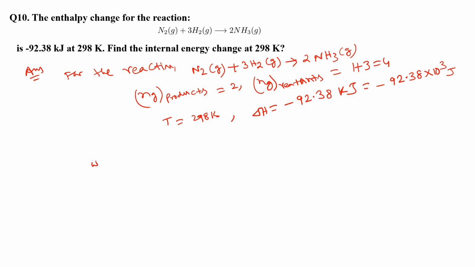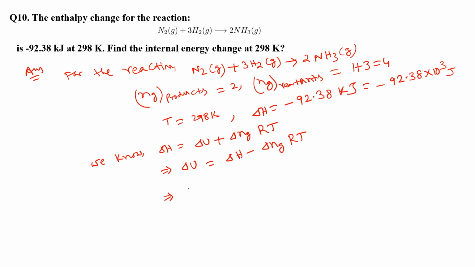So, we know delta H is delta U plus delta Ng RT. So, delta U is delta H minus delta Ng RT.